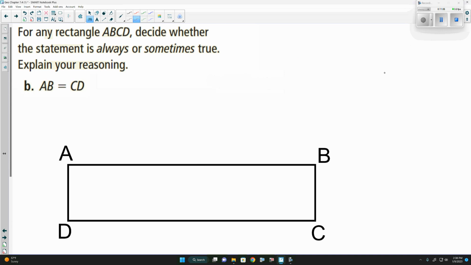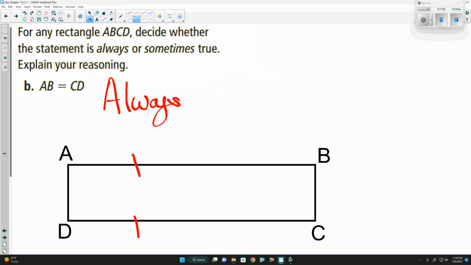For any rectangle ABCD, decide whether the statement is always or sometimes true. AB is congruent to CD. Yes. What do we know about parallelograms? The opposite sides are parallel and congruent. So AB and DC have to be congruent.